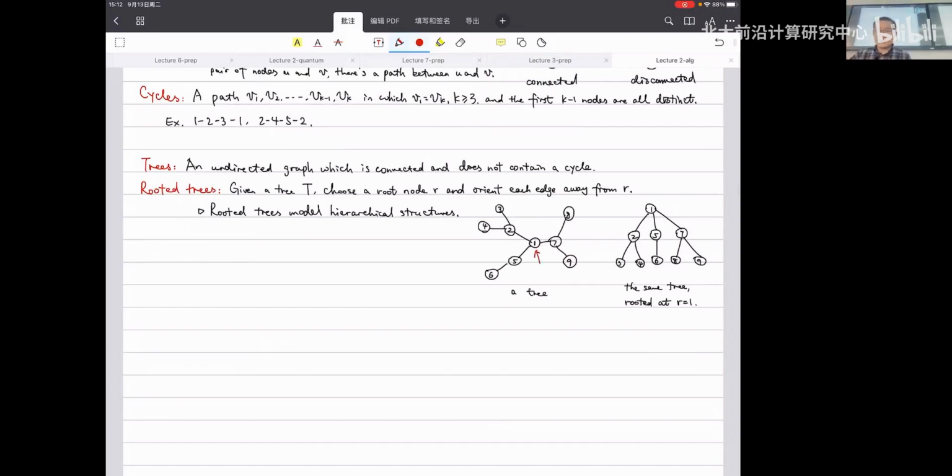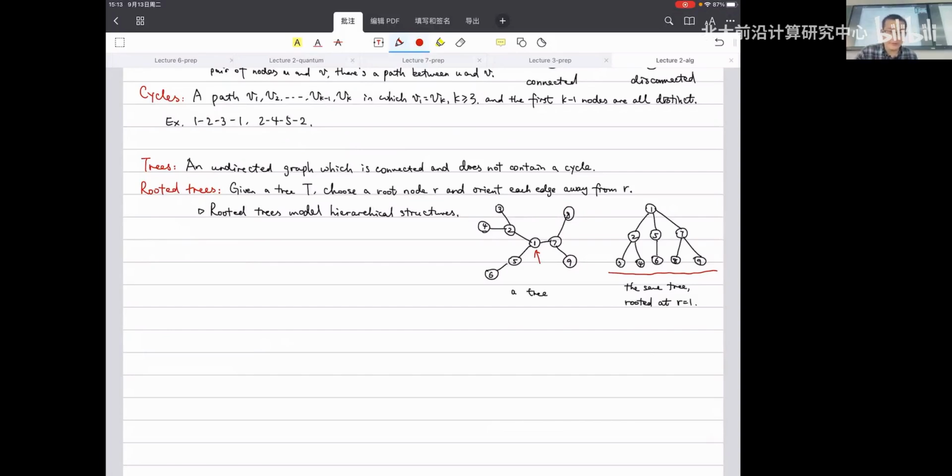But you can also consider it as a rooted tree, rooted at r equals 1. Then we can rearrange the graph like this. So this is the definition of a rooted tree. In our course, we will see several times how a rooted tree is a good form to formulate some algorithms. Today, we are going to continue the discussion.